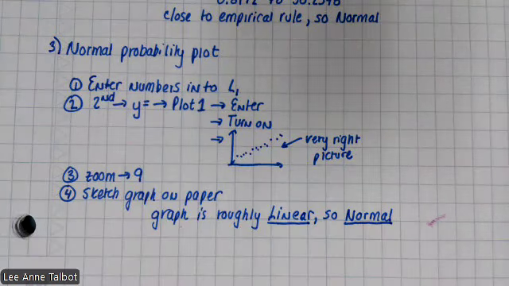And then you would have your conclusion where your graph will be roughly linear, so you could say it was normal.